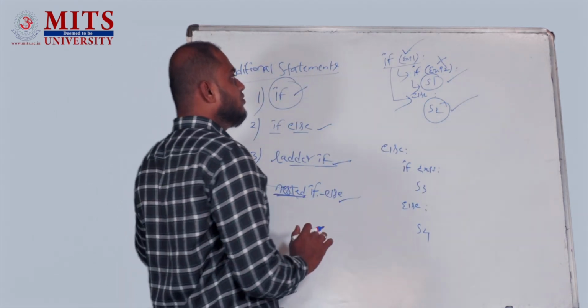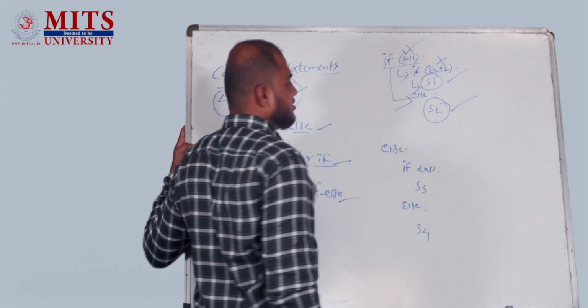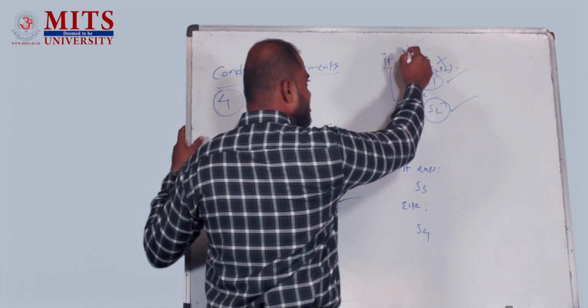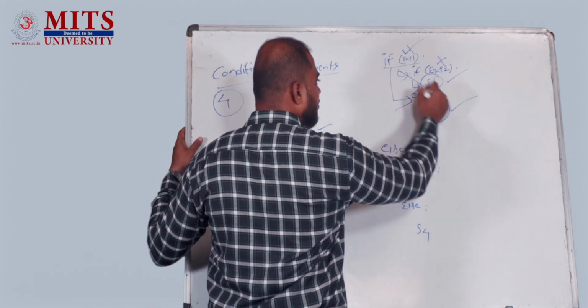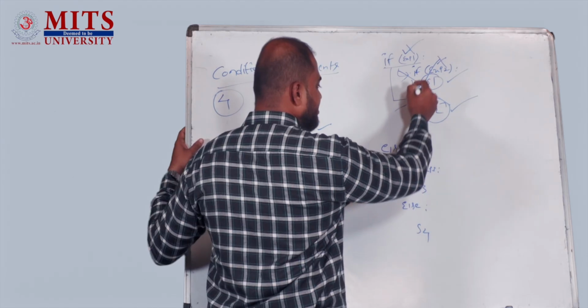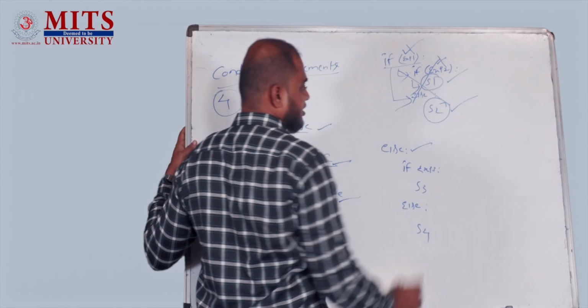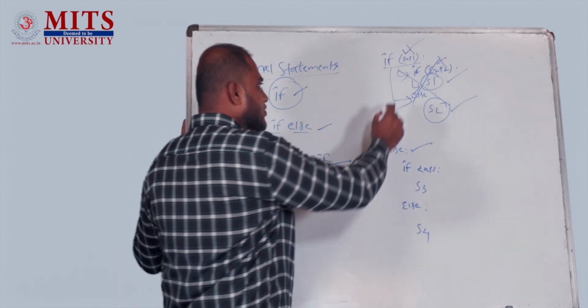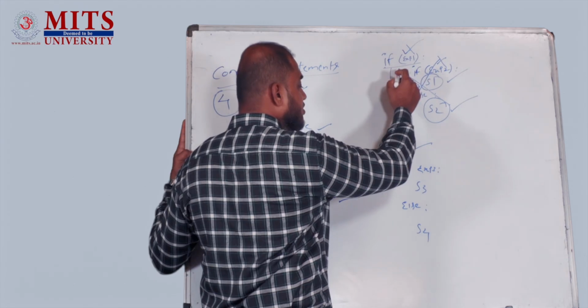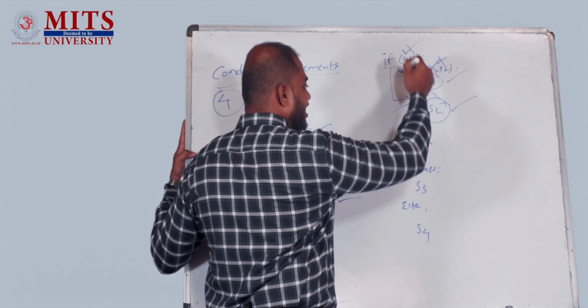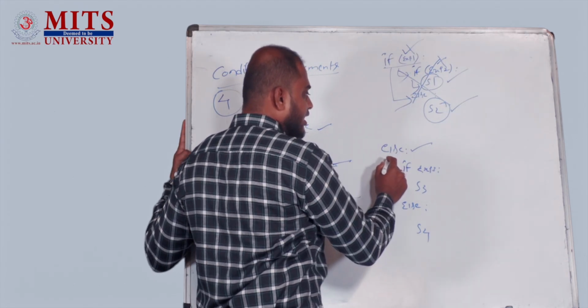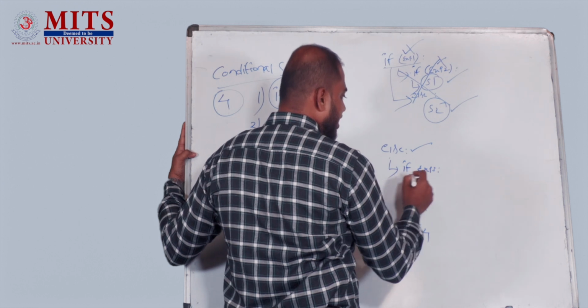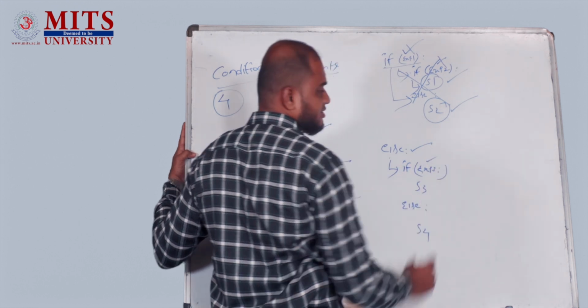Now assume this condition itself is false. Then it will not go inside this if. Whenever this whole condition is false, it will not go into the body of this if. It will come directly to the else part, and then it will come to this if and check the condition of expression 3.